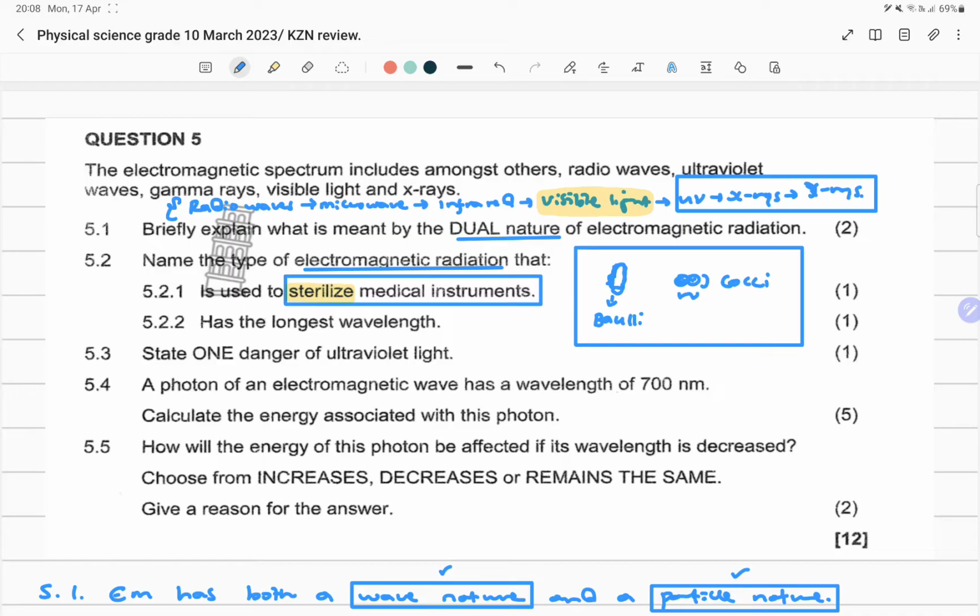So these things, we are inflicting DNA damage with UV light. Okay, and this damage is so great that these bugs are not able to repair it, and therefore they die.